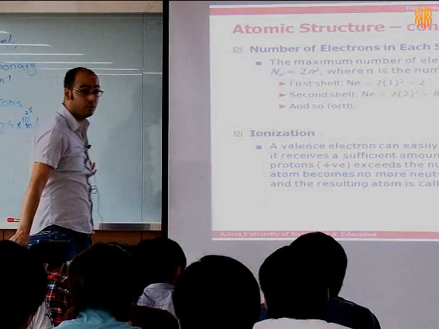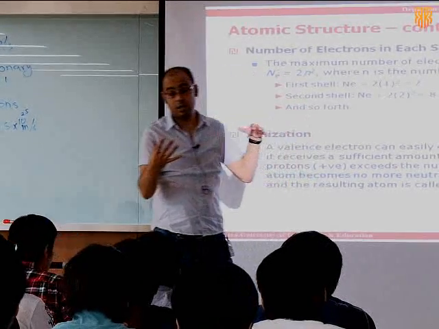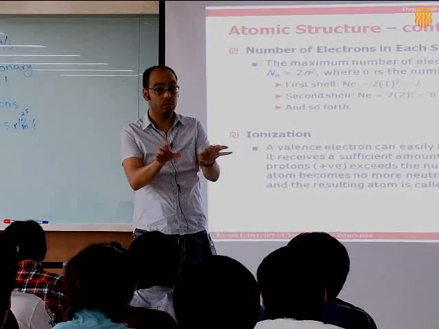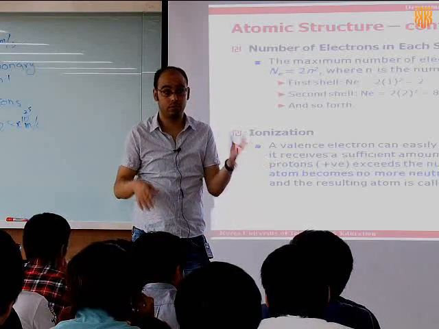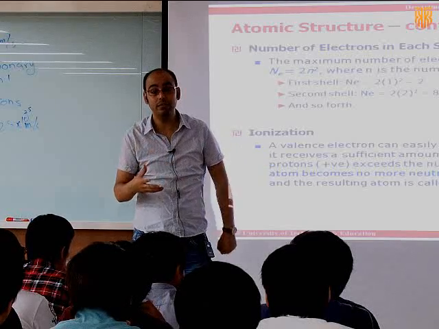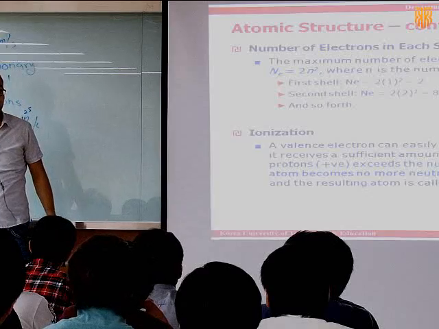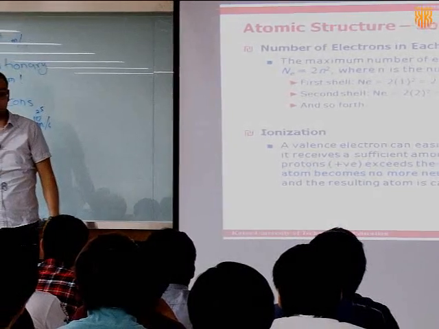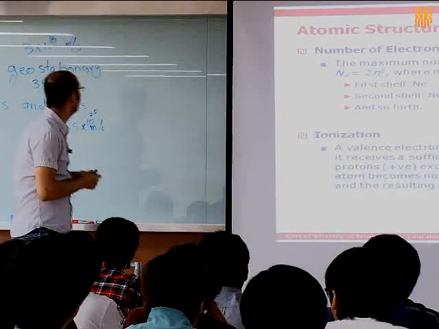And what I said before, that when the atom is alone, the number of electrons equals the number of protons. But we can add an electron or take out an electron, okay? Fine. Like, for example, O2.